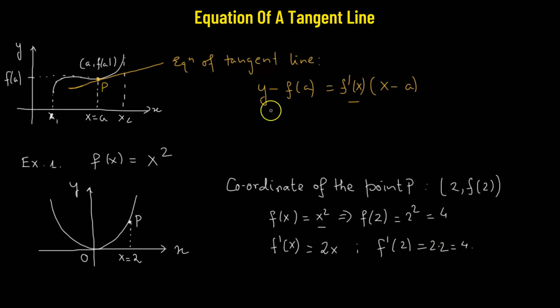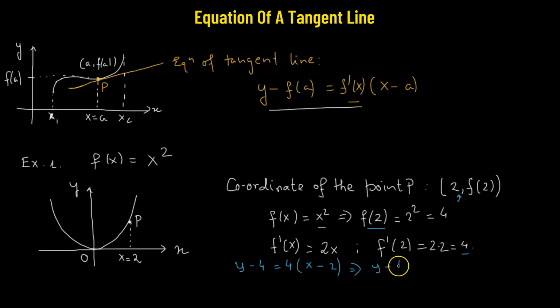So the equation of the tangent line, we can use this equation. It will be y minus y1, which is y minus 4, equals the slope at that point, 4, multiplied by x minus x1, and our x1 value is simply 2. So we can solve this.